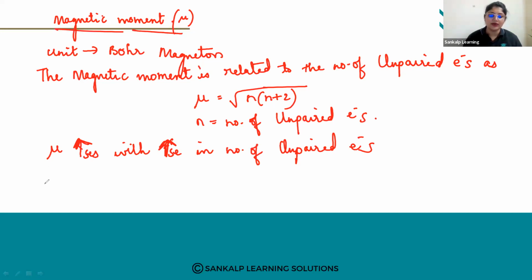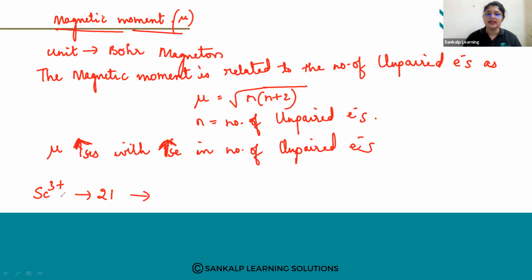Now, suppose the ion is given as scandium plus 3. When you write the configuration of scandium, write the electronic configuration of scandium first. Scandium's atomic number is 21.